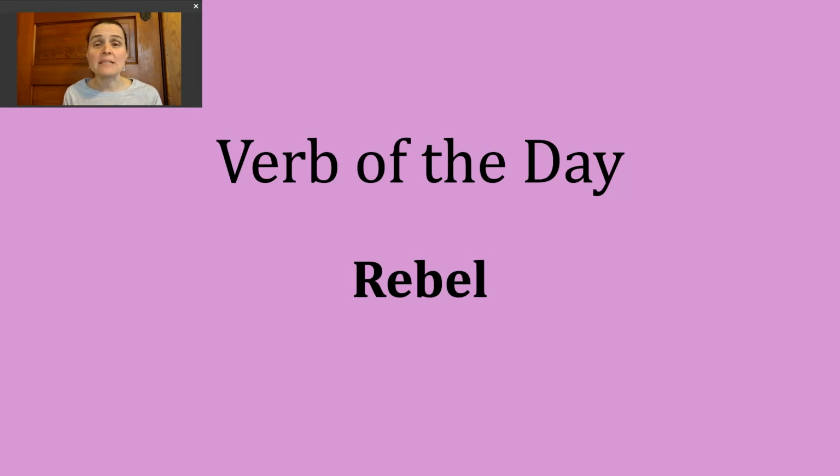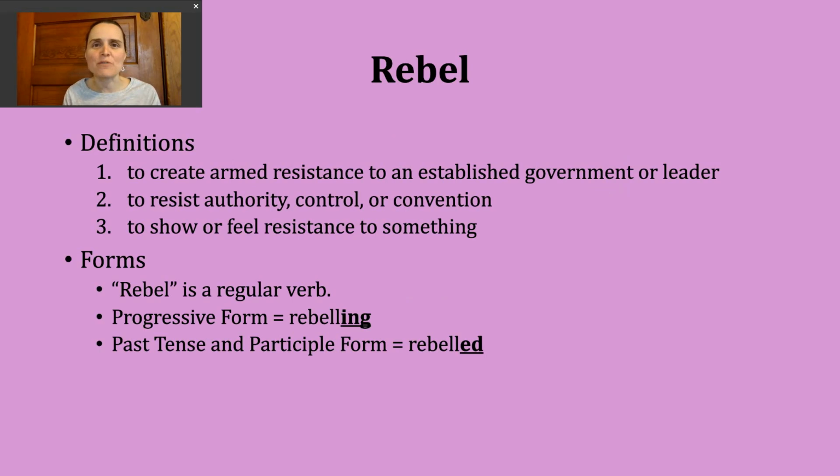Today's verb is rebel. Let's take a look at some of the definitions or the ways that we use this verb. The first way you might hear rebel used is to mean to create armed resistance to an established government or leader.